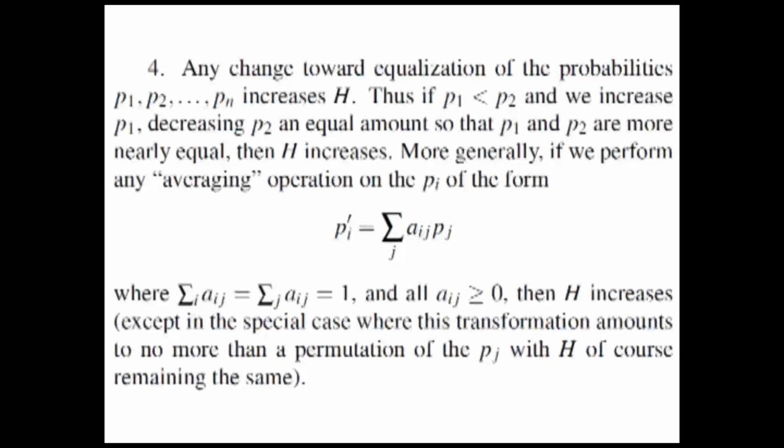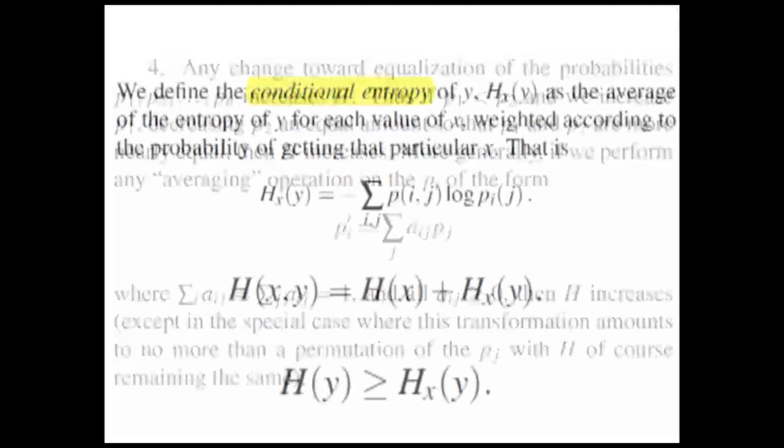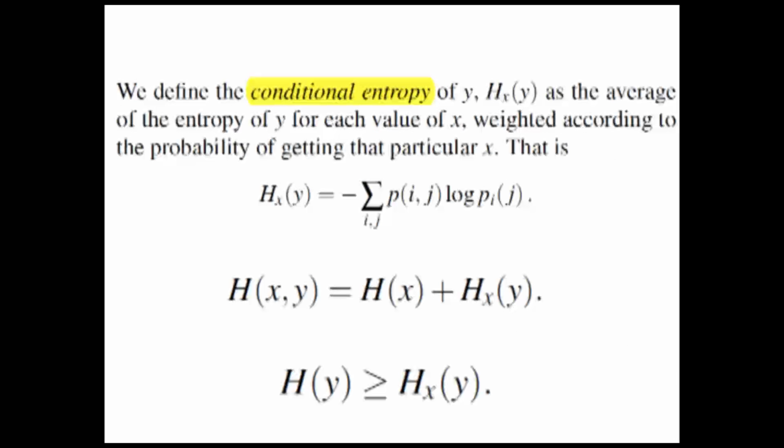But you know, he didn't have the tools of convexity. Jensen's inequality does not appear at all in his paper. Okay, but then somehow he was able to prove that. Okay, he defines conditional entropy. He uses this notation for conditional entropy, which we don't use nowadays.